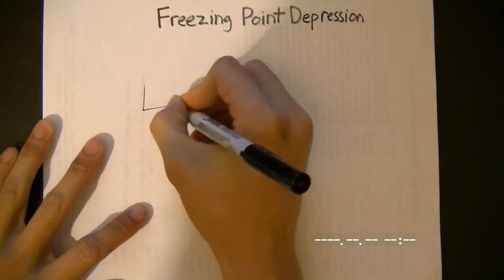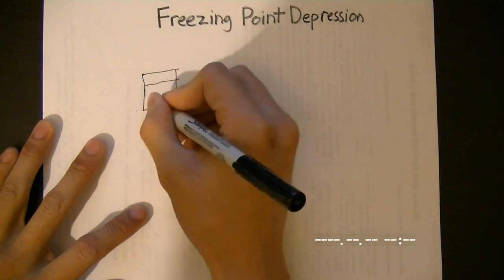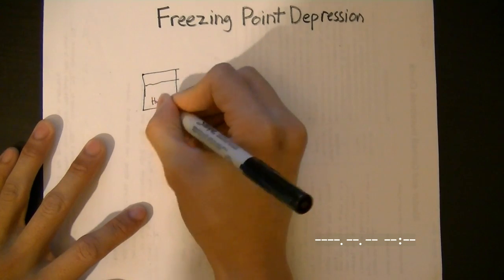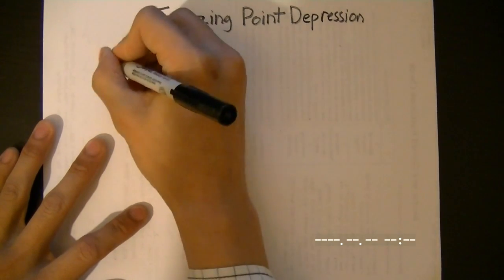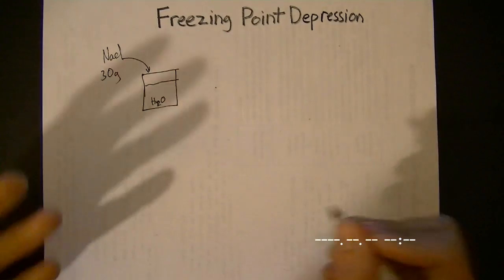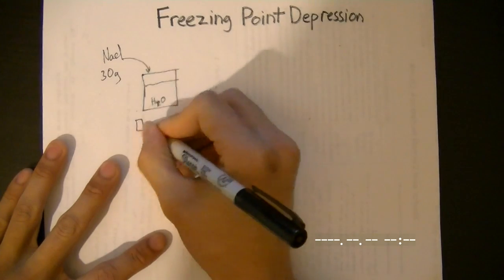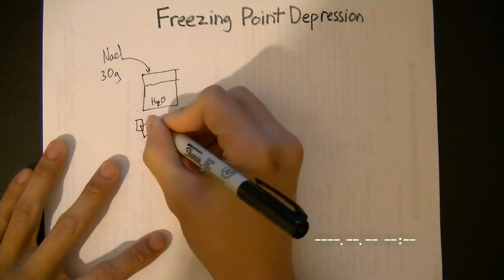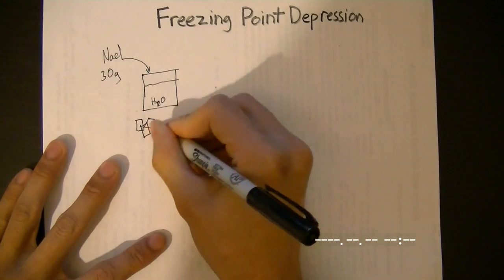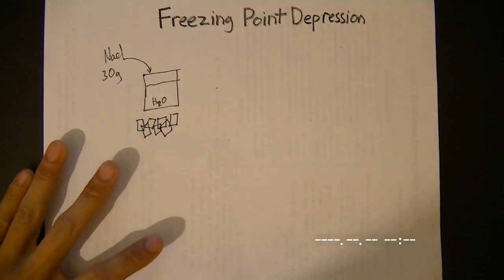So again, if we had a solution here, let's say this is H2O, and we had NaCl, and we're putting around 30 grams of this into H2O, and we stir it around, mix it until it dissolves, and then we put this in an ice box. I'm going to try to draw some ice cubes. Don't judge my drawing. Okay, we have some ice cubes.